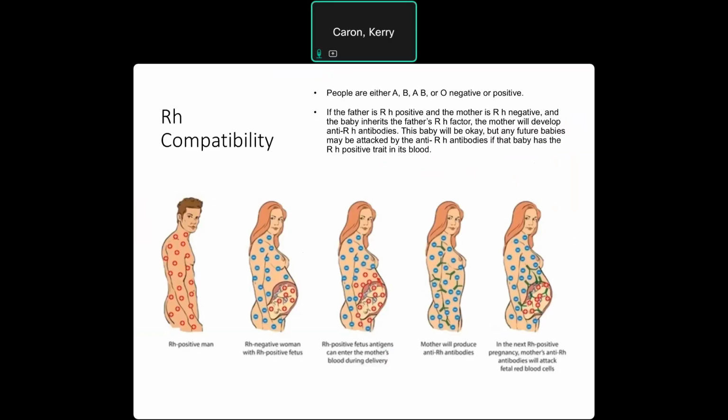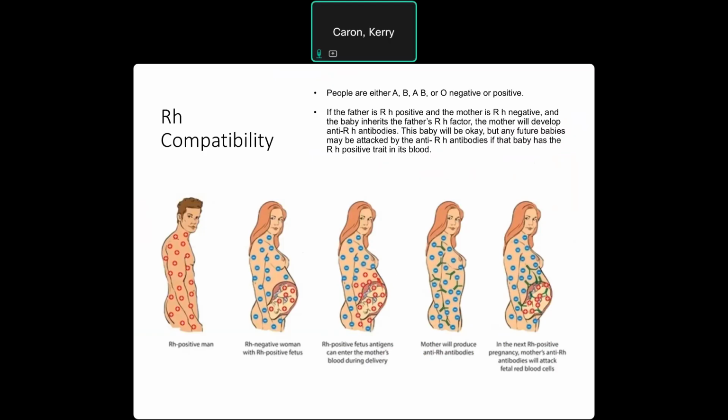In the delivery, there's some cross mixing of blood. Okay. The mother will start to produce over here anti-RH antibodies. So now if she has another RH positive baby, her body and those antibodies will attack the fetal red blood cells. Okay. Now, there's a drug called RhoGAM that can be given to prevent this from happening in case of RH incompatibility.